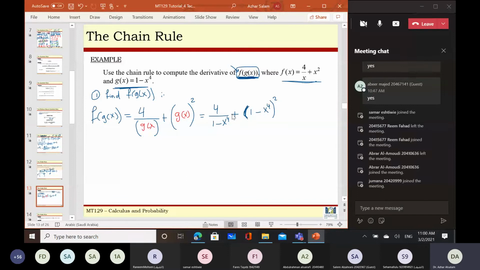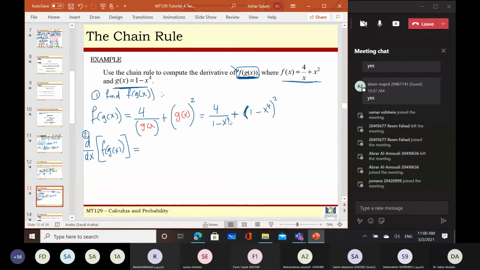Okay, now I have here an addition between two functions and I have to find the derivative. I will find now the second part, I will find d by dx for f of g of x. So I have to differentiate this.